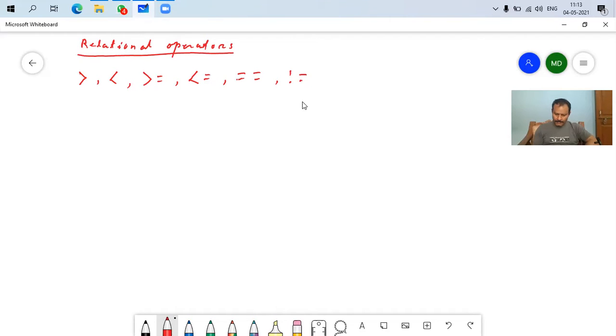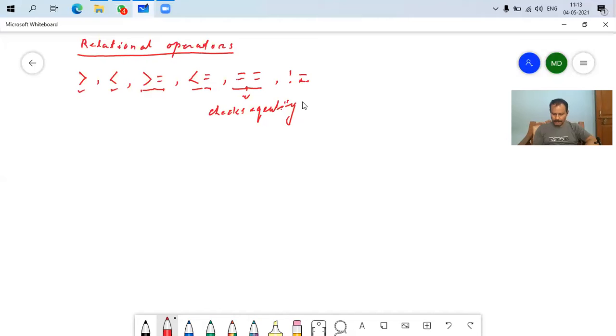The first one is greater than simple, smaller than simple, greater than equals to, smaller than equals to, double equals to. This checks the equality.